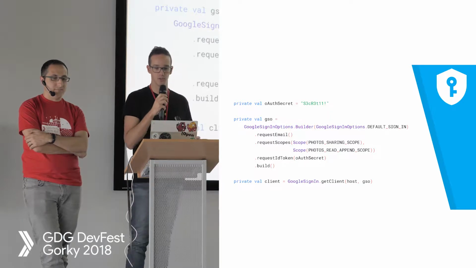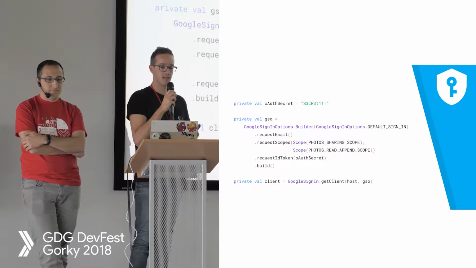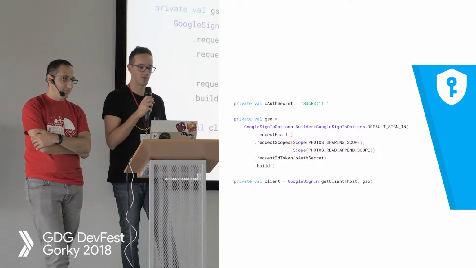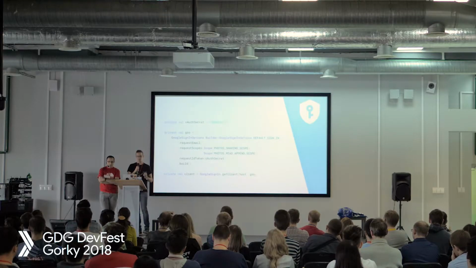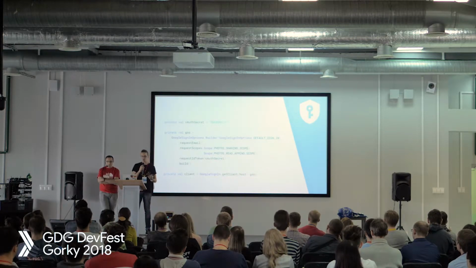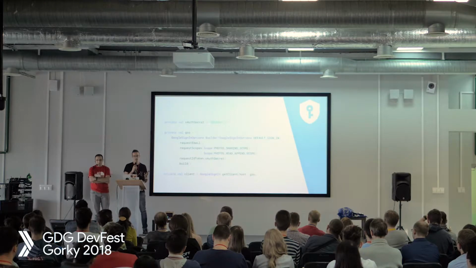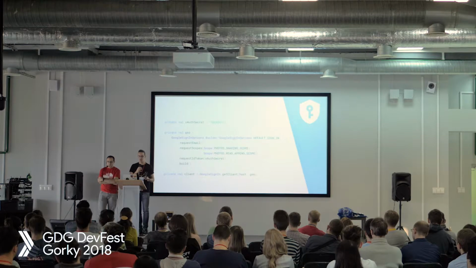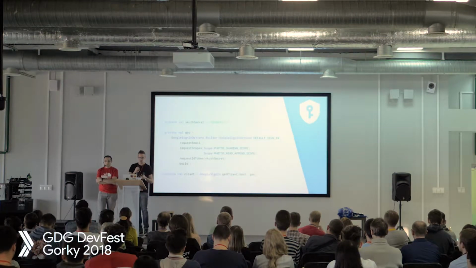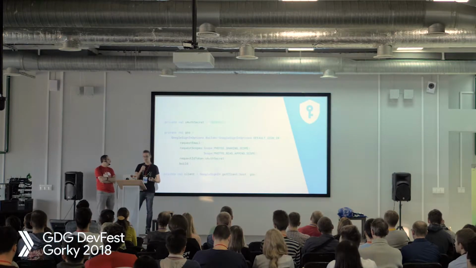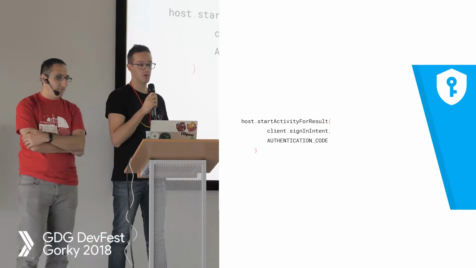First we were creating the sign-in options, and then we were getting the email and an ID token, which is the one that we were going to use, and we needed to specify some scopes. Google Photos introduced with their API two new scopes, which are the sharing one, which is, as you can imagine, to add new pictures, and the read one, which is needed to query the user's albums.